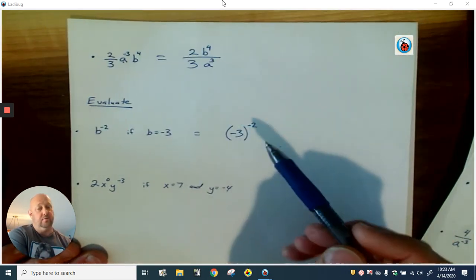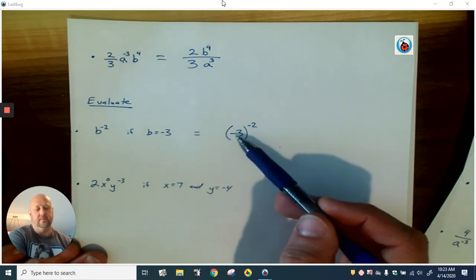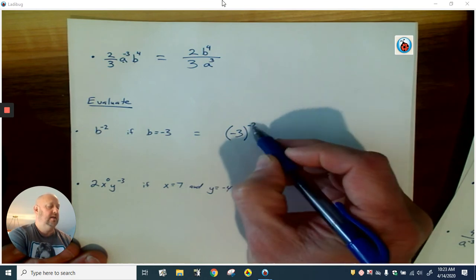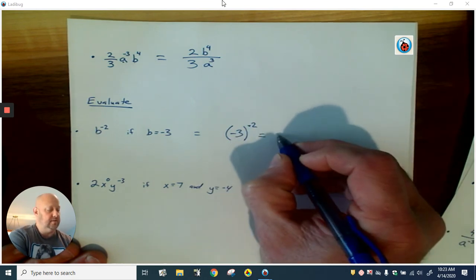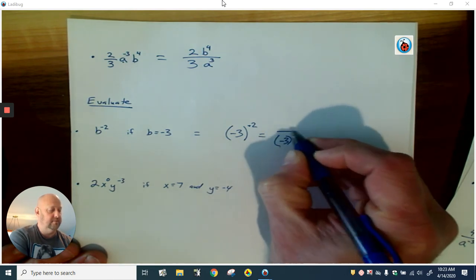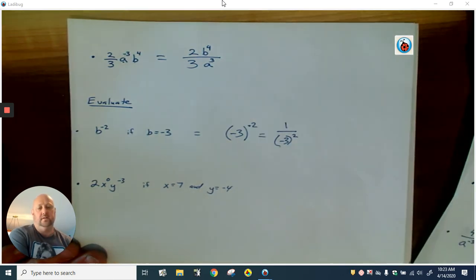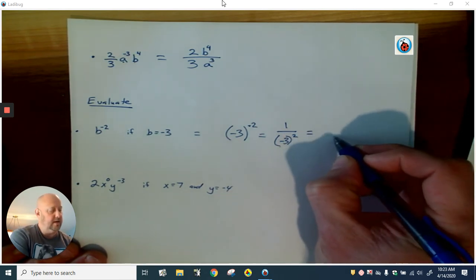Okay, so now that's important because now both the 3 and the negative have to move together. So the negative exponent means we got to flip this. So those -3's go to the denominator and become positive. Okay, and then -3 times -3 would be a positive 9.